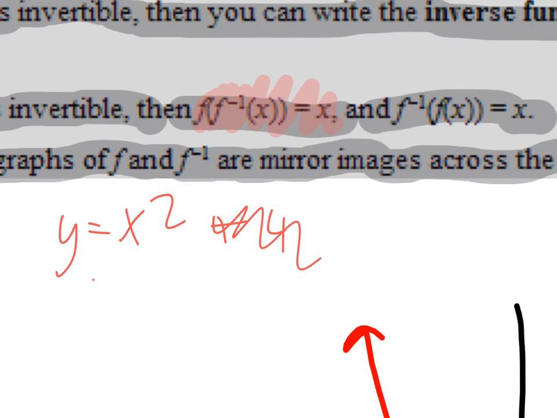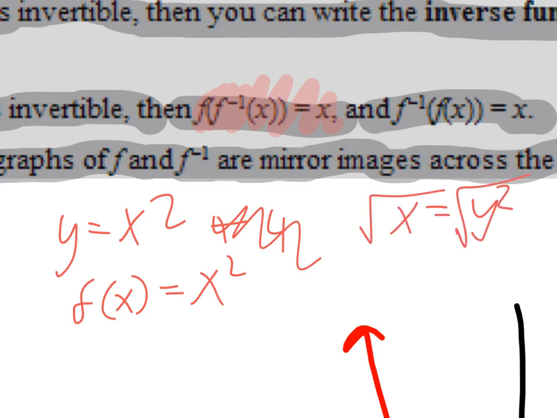Then that's another way of saying f of x equals x squared. The inverse will be if you were to flip those. So that's x equals y squared, and then you have to take the square root on both sides, and then y equals plus or minus square root of x. Well, for one, this is not a function, so this was not invertible. But let's say it was invertible. By the way, this is now f to the negative 1 of x.